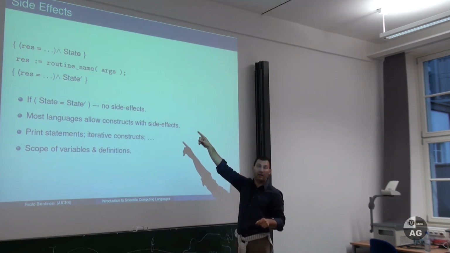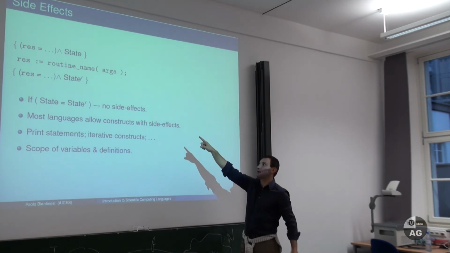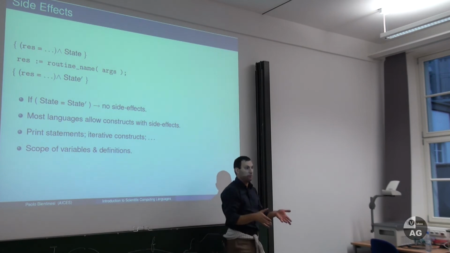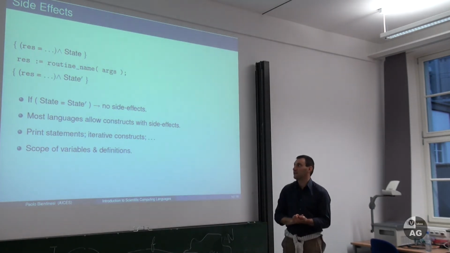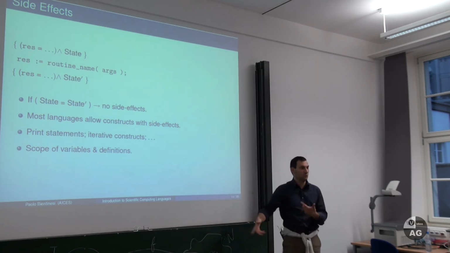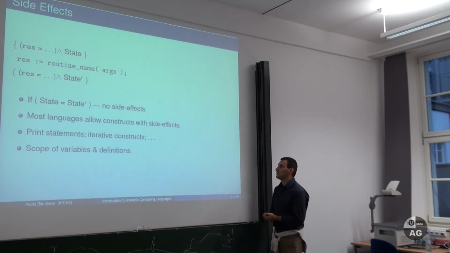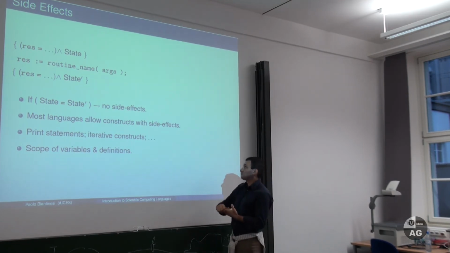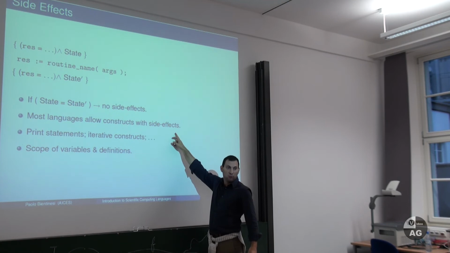But now I have a state and a state prime. And if state prime is different from state, something bad happened, some side effect. Your routine, while it was computing res, decided to do something that was not necessarily predicted. Unfortunately, most languages let you use side effects.